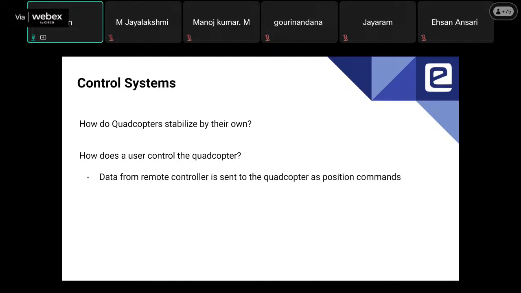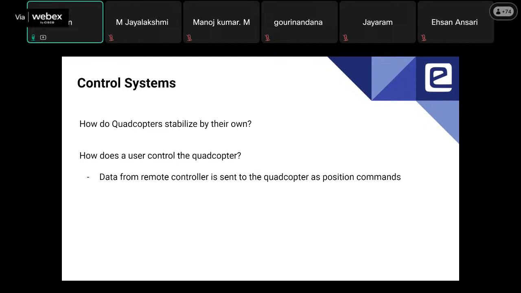That's a higher level of control, and you need to learn more about quadcopters in order to achieve it. The case where quadcopters will not stabilize on their own is when it is not in autonomous control and the user has to control the quadcopter to stabilize. So both those answers are correct. It depends on the context.